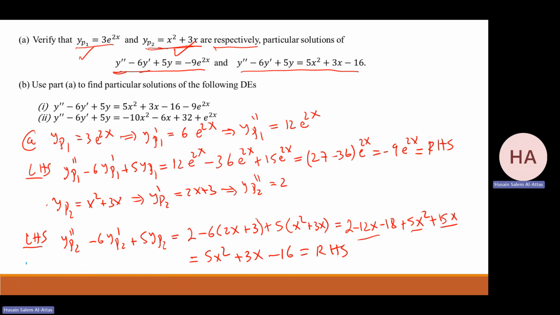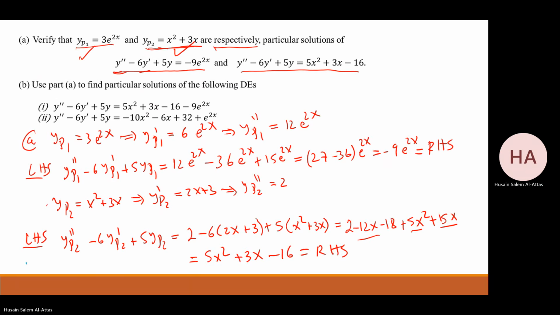Okay, now let me do part B. What I have is y double prime minus 6y prime plus 5y. Let me call it Ly. That will be minus 9 e to x, with solution yp1 being 3e to x.